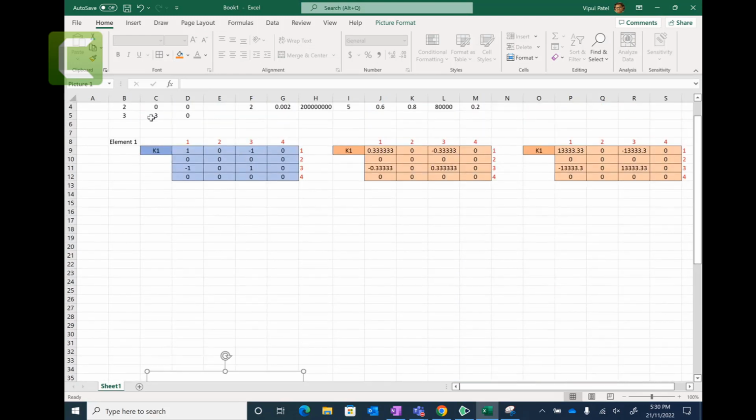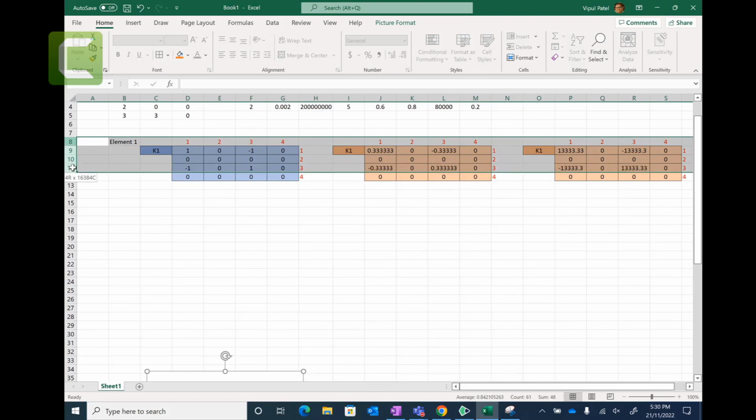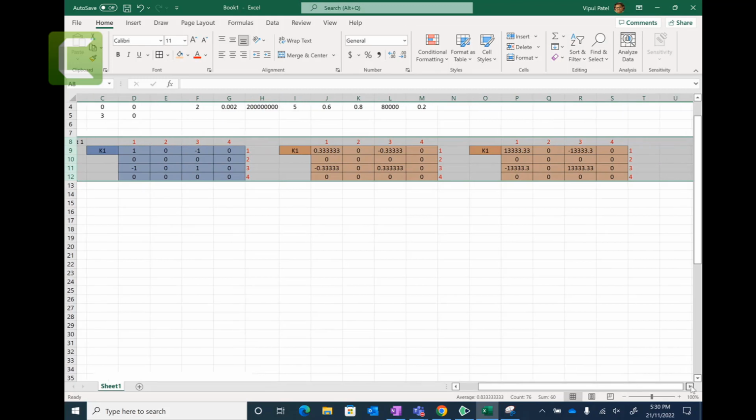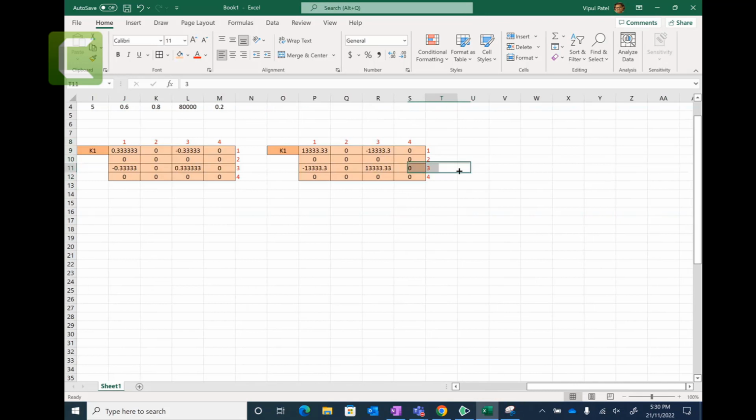Now, look at the magic here. That's the beauty of it. So if I want to do these ones, I think we need to make it a 6 by 6 matrix. So let me make it a 6 by 6 matrix now, because we need a 6 by 6 matrix at the end. So let's do this.